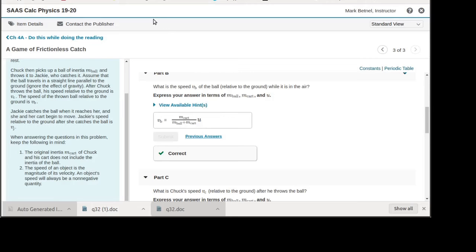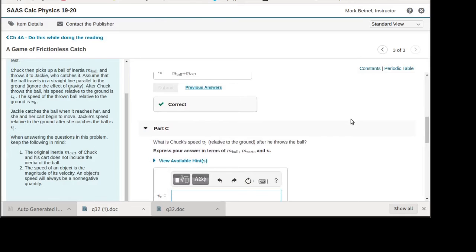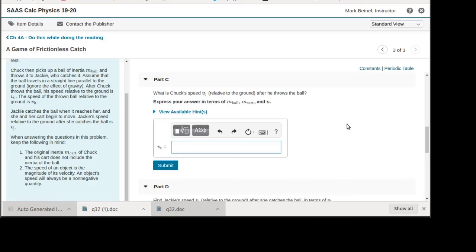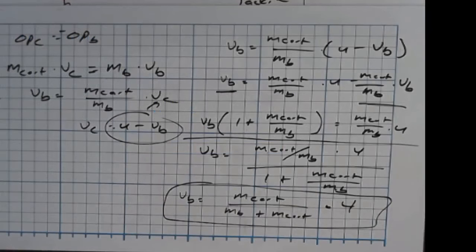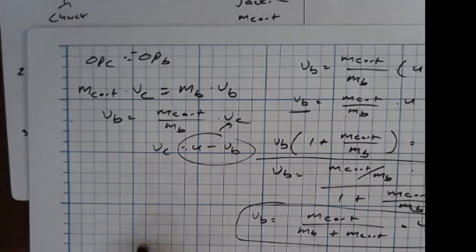So then the next part, what is Chuck's speed relative to the ground after he throws the ball? I'm trying to find out something about Chuck's speed relative to the ground. I know the velocity of the ball relative to the ground, and I know Chuck's speed in terms of the velocity of the ball, right here.